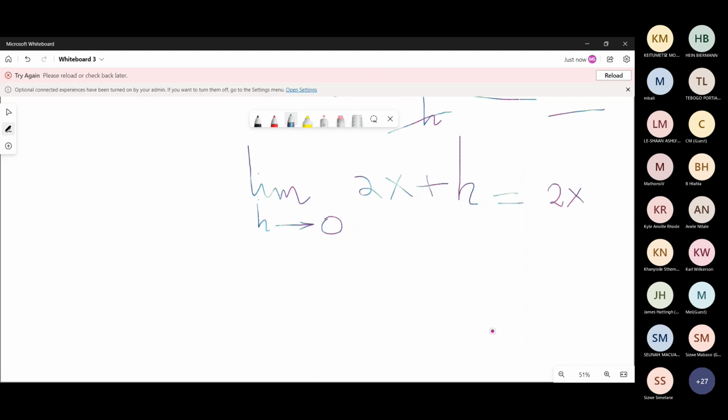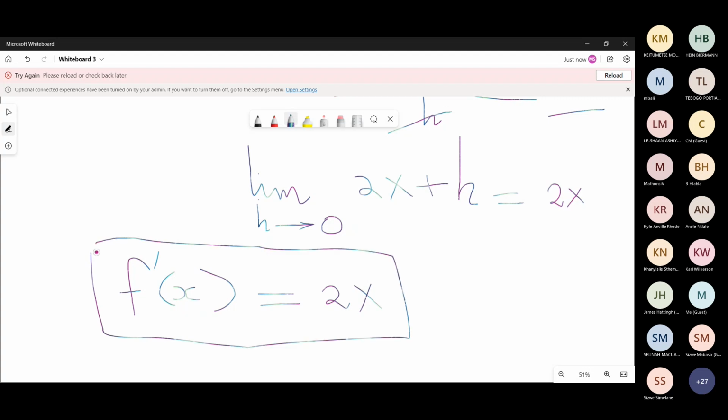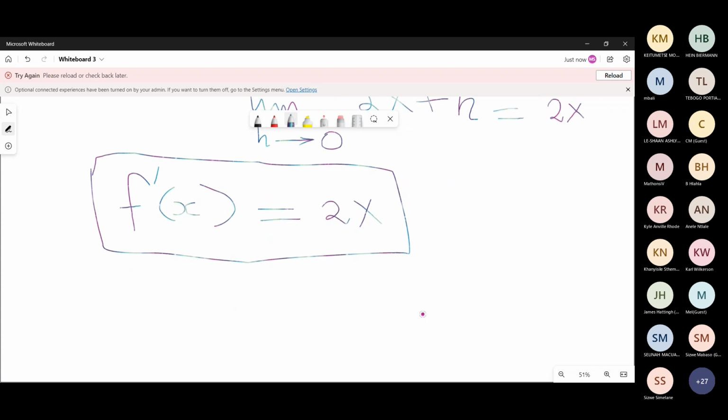What do we then obtain? So the derivative of the function now is given by f prime of x equals 2x. This is how we define the derivative of the function at the point x. What was the function again? x power 2 plus 3, right?